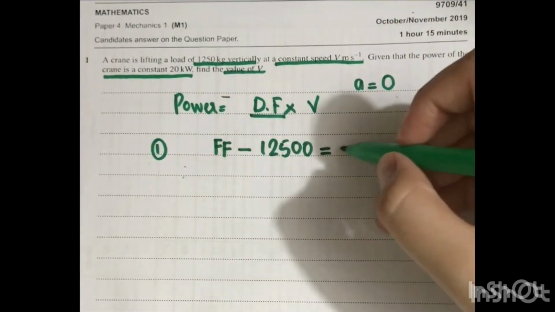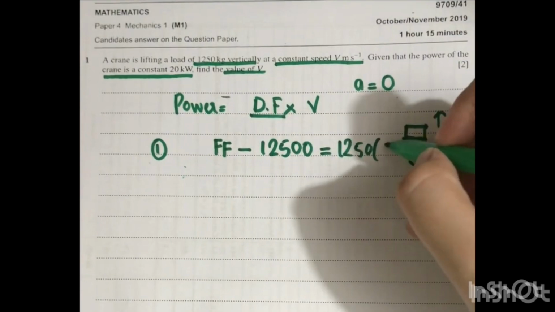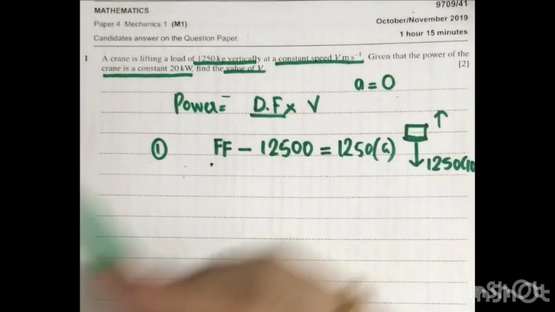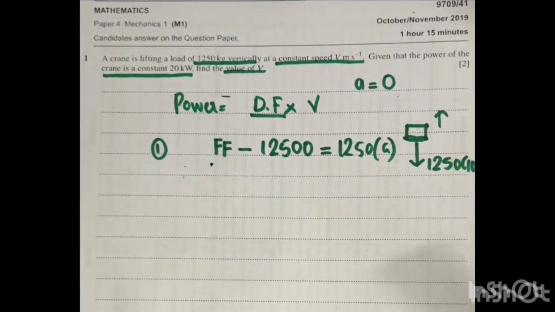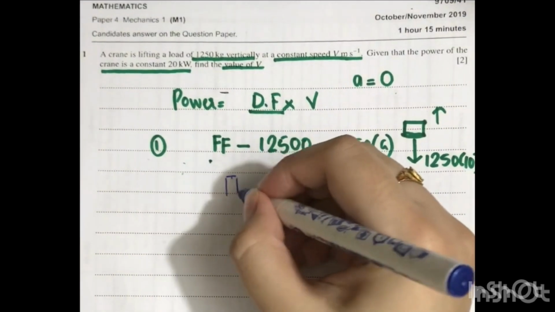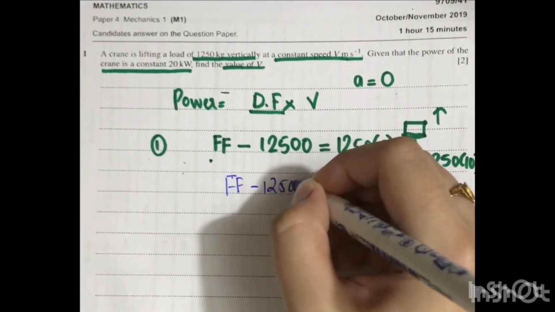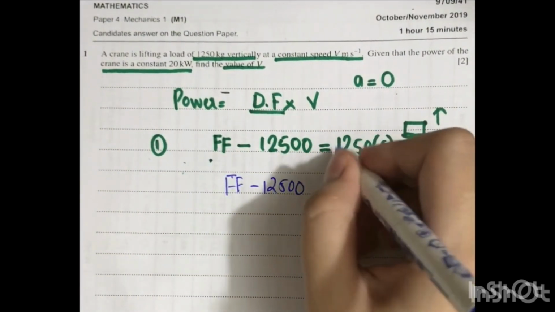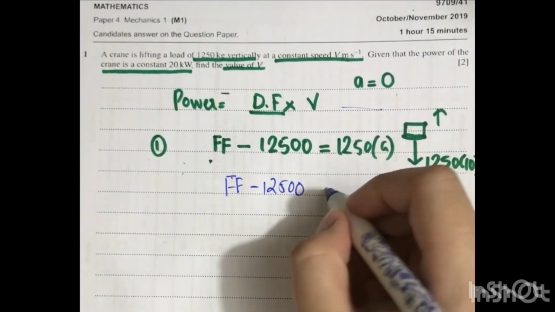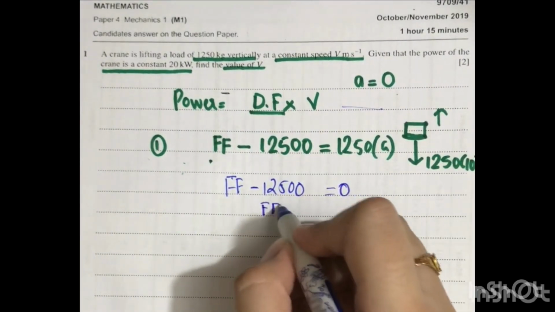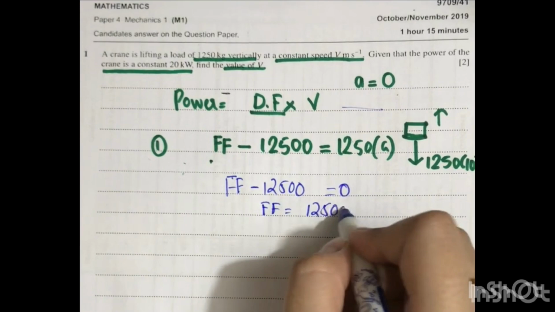This is equal to mass multiplied by the acceleration. So this side becomes 0 since acceleration is 0. Hence the forward force is 12,500.